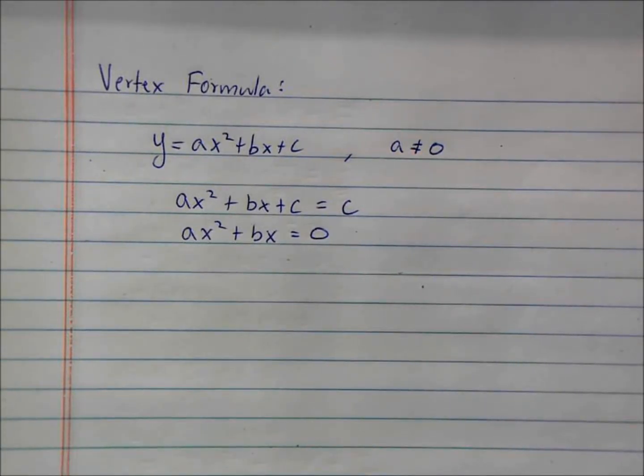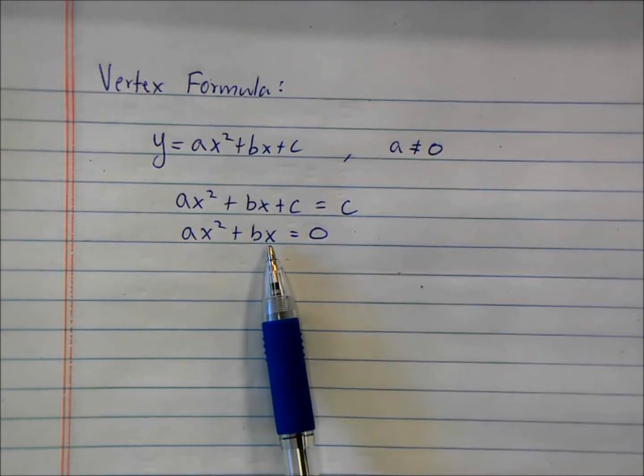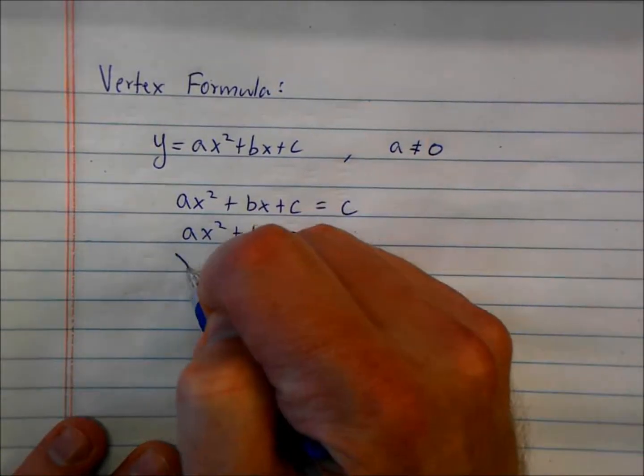Now I need to factor that equation. Can I factor? I can take an x out, can't I? I have ax squared here and bx there. I have a common factor of x, don't I? So I can factor an x out.